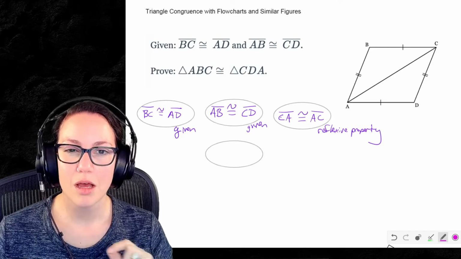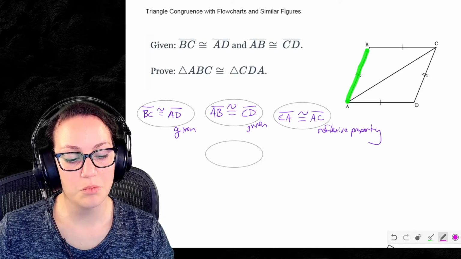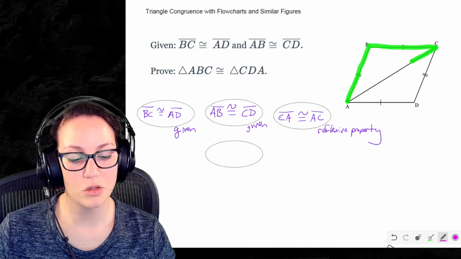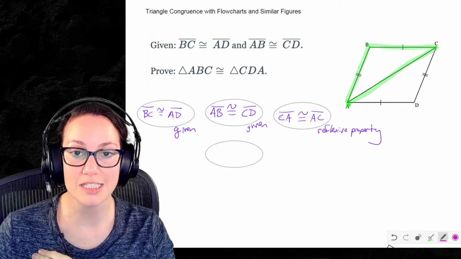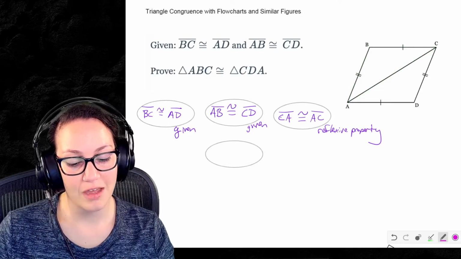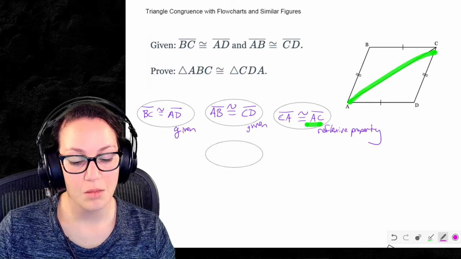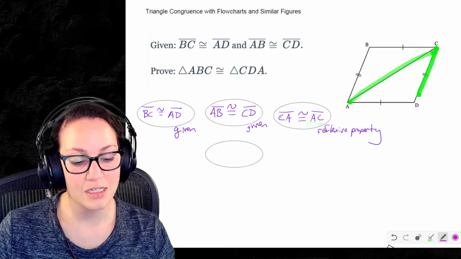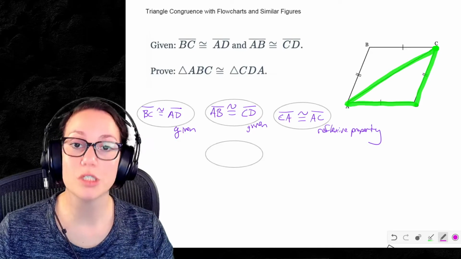So, the reason I ordered it that way is because we have A, B, C, and so then CA would take us back to our original vertex there. And then we have line AC because CDA, we want to end up back where we started.